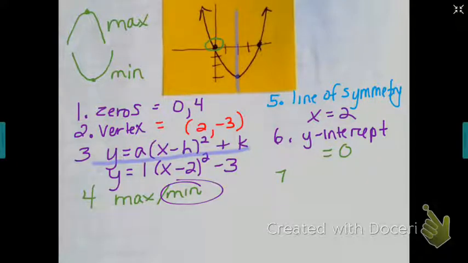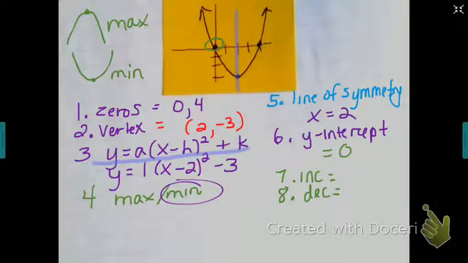Okay, so then it's going to ask you questions about increasing and decreasing, and then domain and range. So I'm going to abbreviate and put INC for increasing and DEC for decreasing.